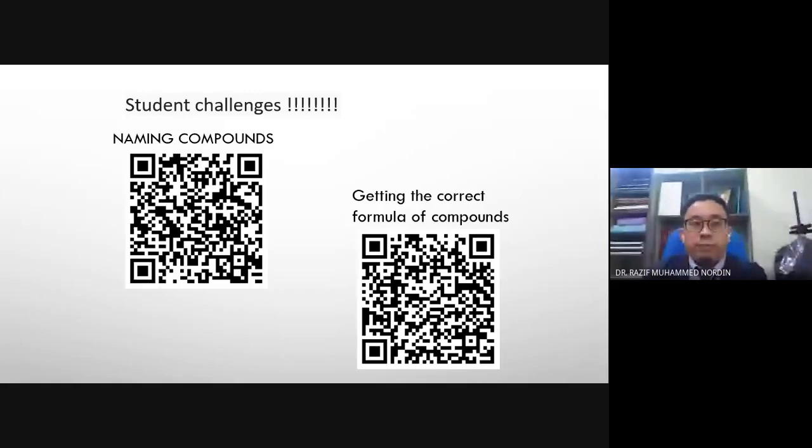So di sini, notes related to naming of compound, and then how to get the right formula for a few compounds. Kalau siswa rasa sesuai, notes ni membantu, gunakanlah, insyaAllah. Dapatlah sedikit sebanyak pahala untuk saya.